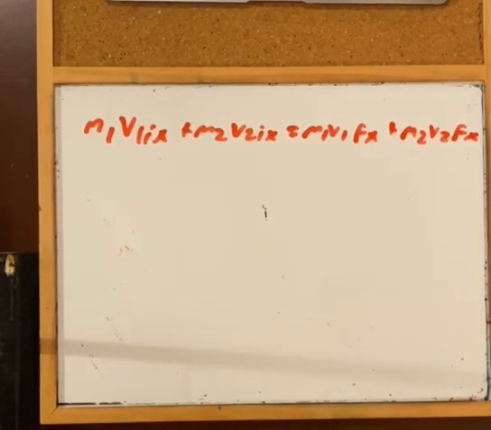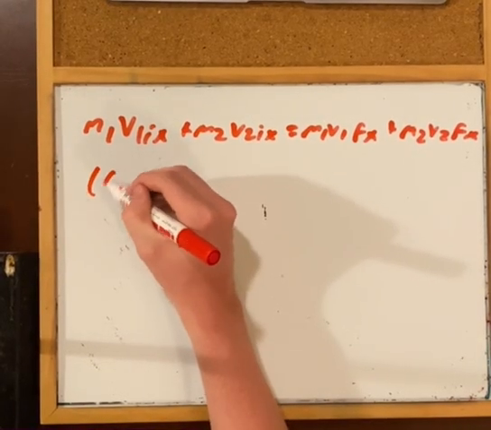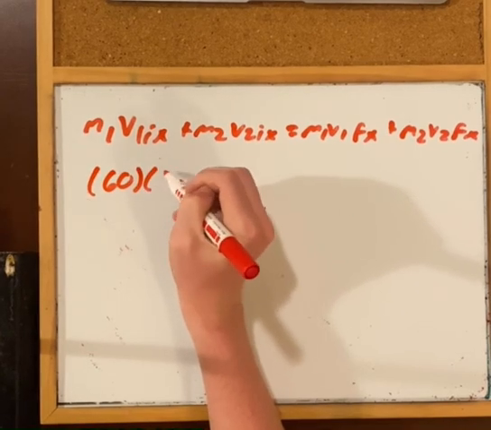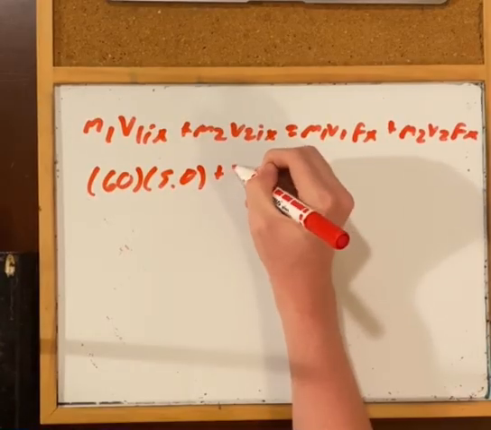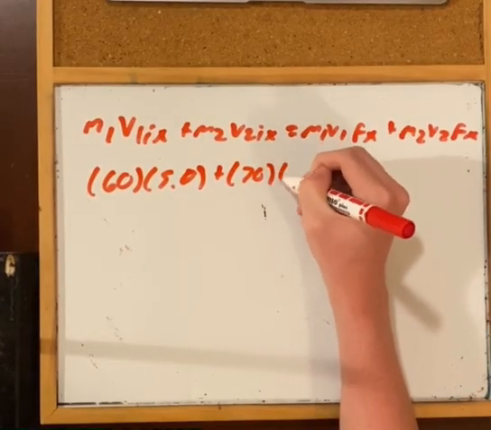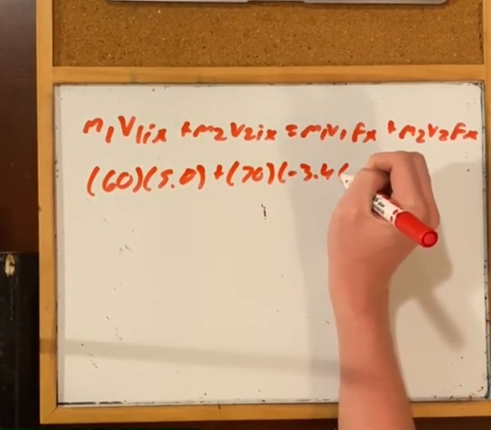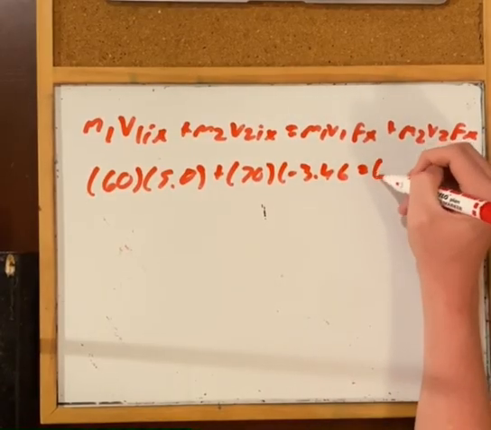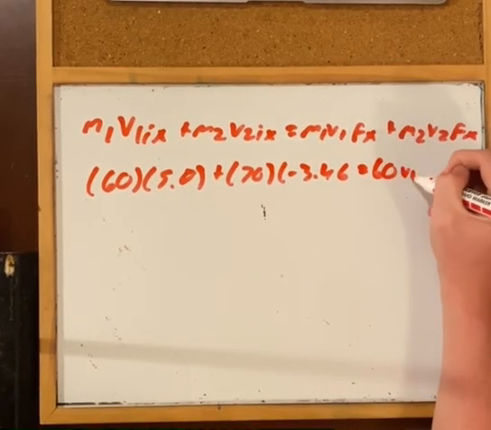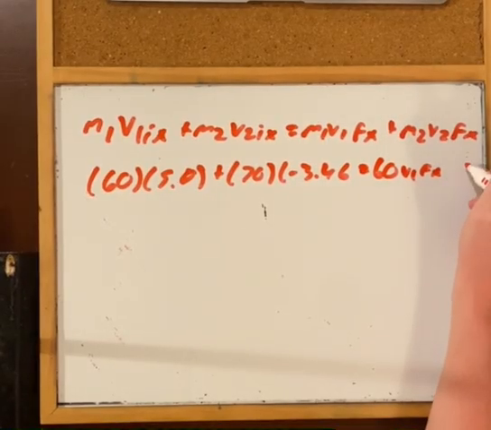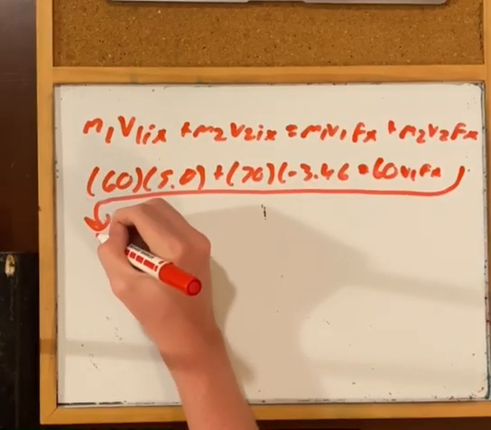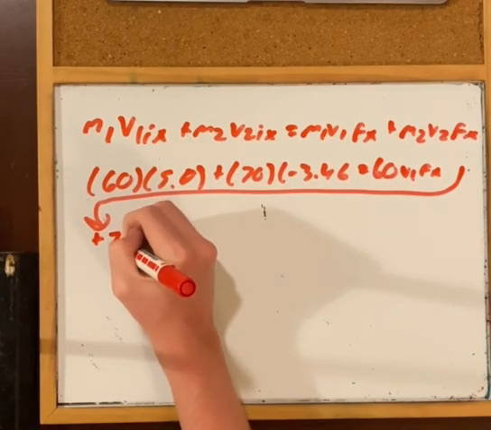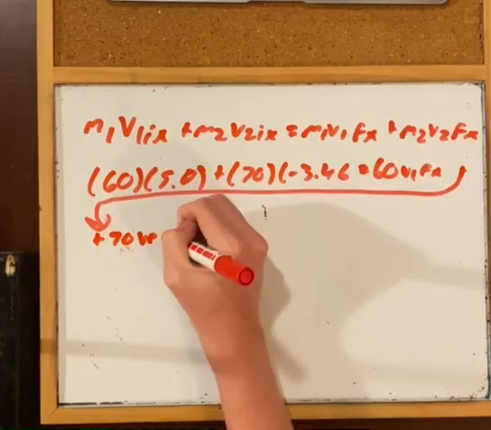Now let's plug in our values to our formula. 60 times 5.0 plus 70 times negative 3.46 equals 60 v1 f of x. And then over here, we'll come here because we ran out of space. Plus 70 v2 f of x.